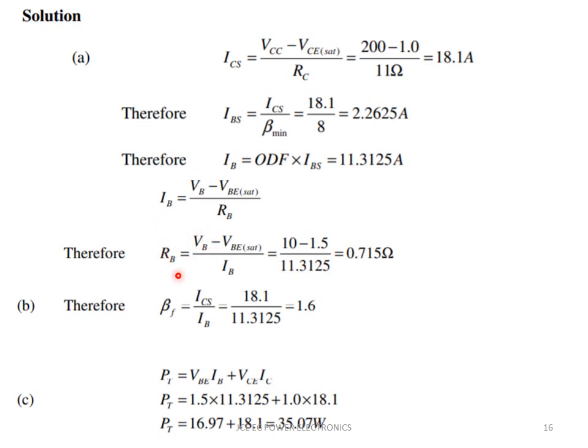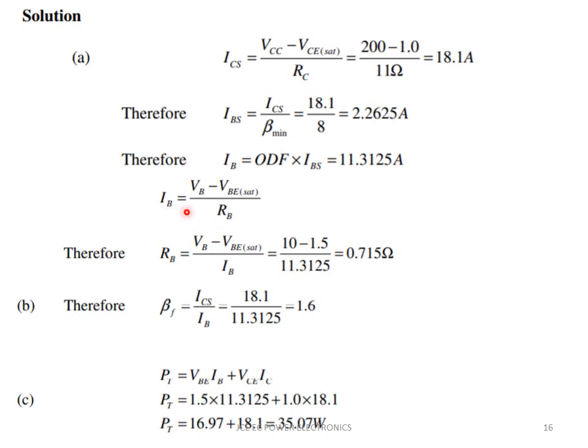Okay, so RB is (VB minus VBE sat) upon IB. Now from these values, I know VB is given as 10, VBE sat is given as 1.5, but IB is not given to me. So to find IB, I use this formula.